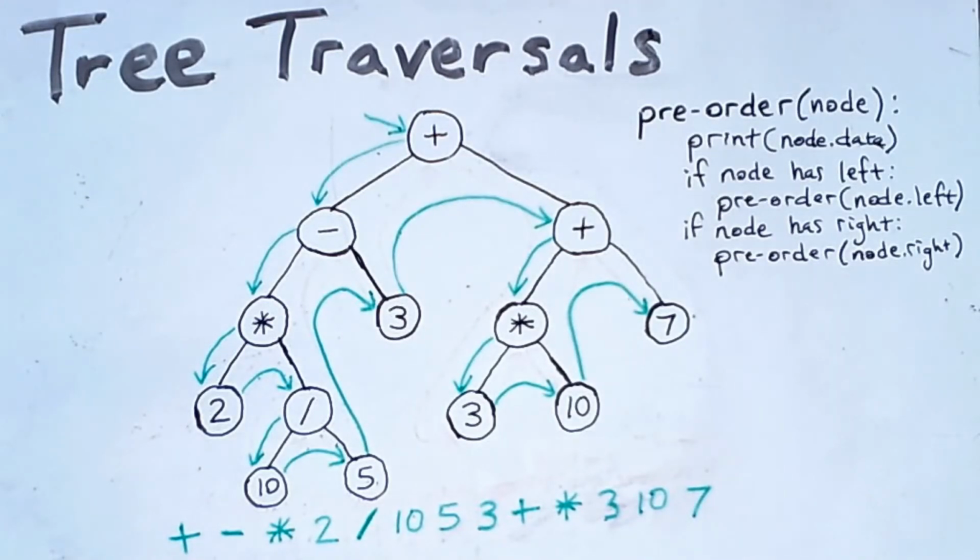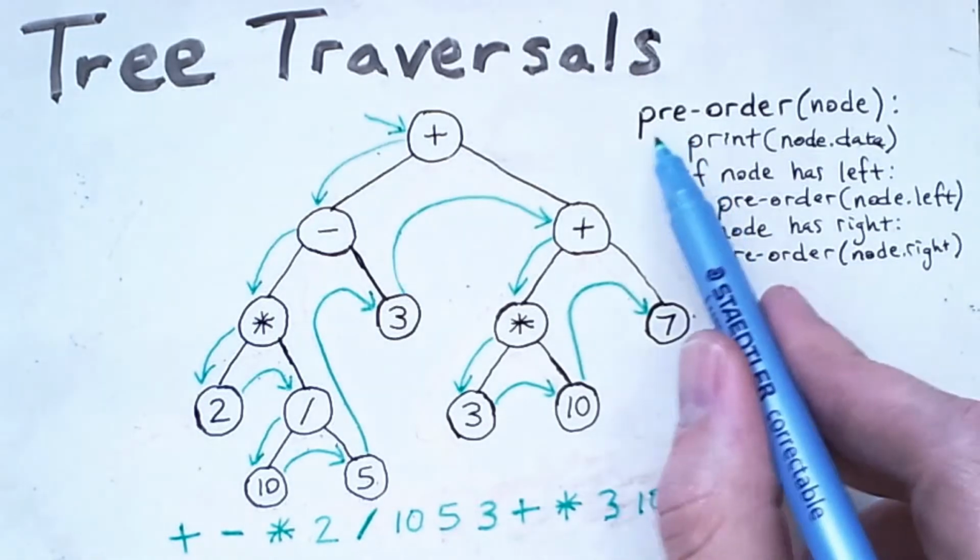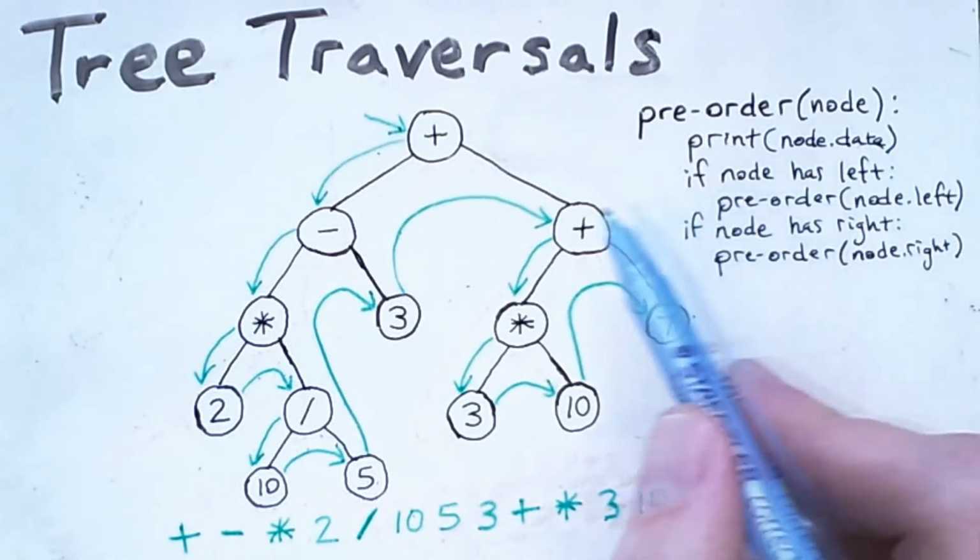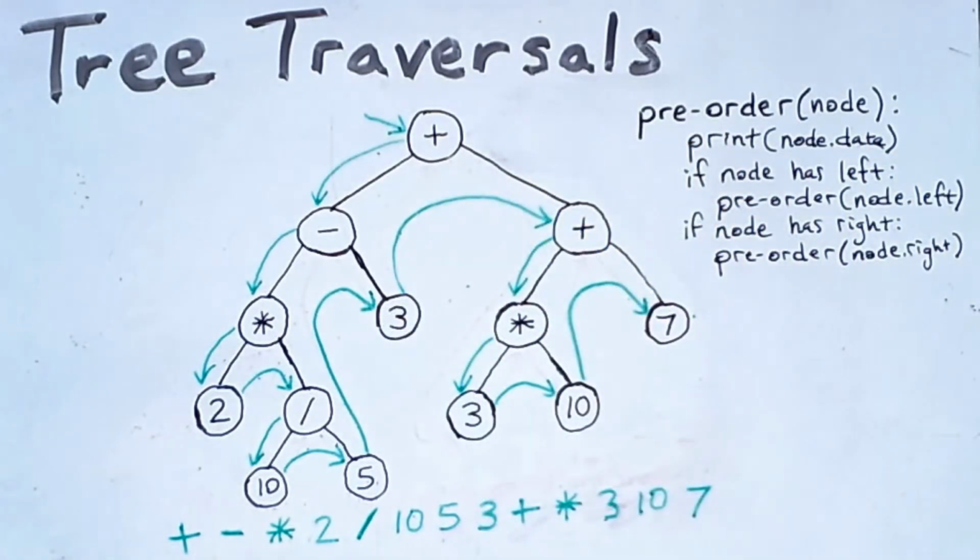So this is a prefix expression that is generated by doing a preorder traversal of the nodes in this expression tree. Now, it is also worth noting that these traversal orders are not only used for expression trees. And I mentioned earlier that sometimes we want to iterate over all the nodes, and sometimes we want to search for a specific value.